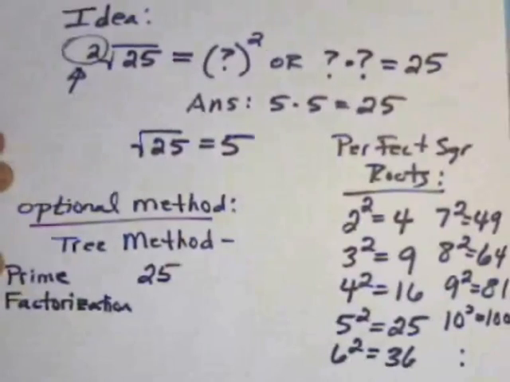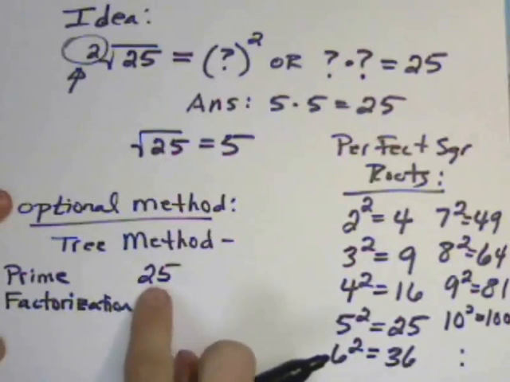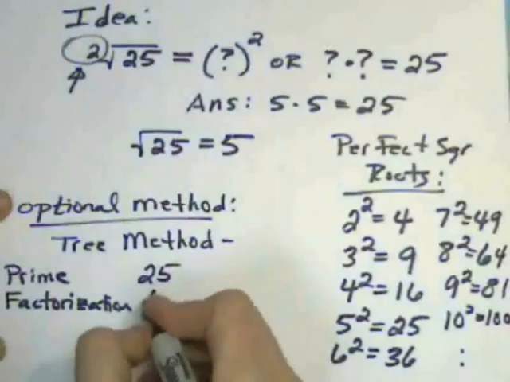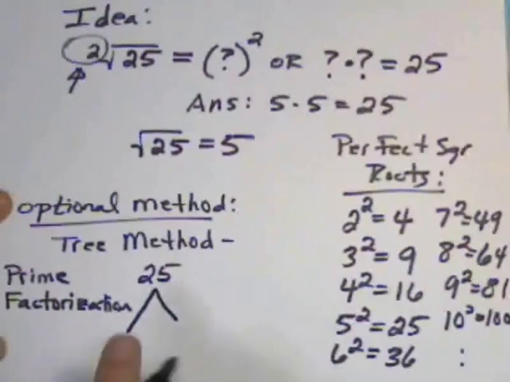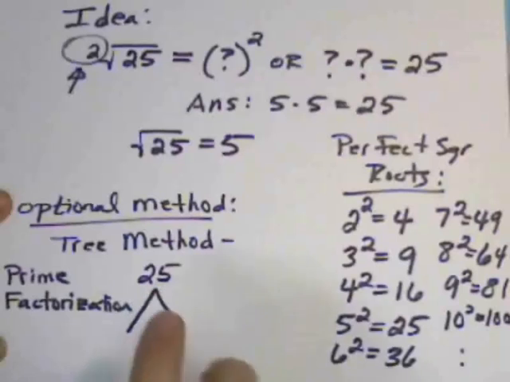Remember that prime numbers are numbers that are already as simple or as small as they can get. So for example, 1, 2, 3, 5. Numbers that nothing except themselves and a 1 can be divided into. They can't be broken down any further. So I'm going to take 25 and break it into its most basic pieces. In other words, I ask myself, is there a prime number I can pull out of 25?